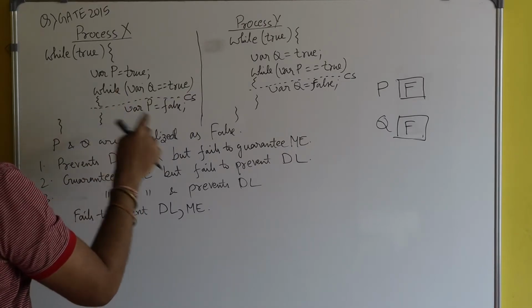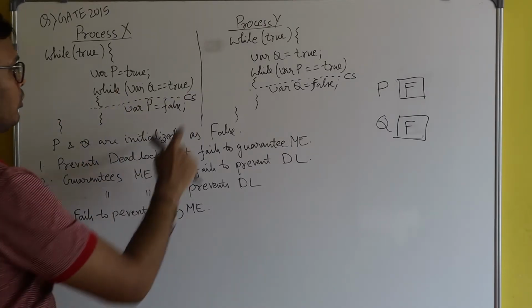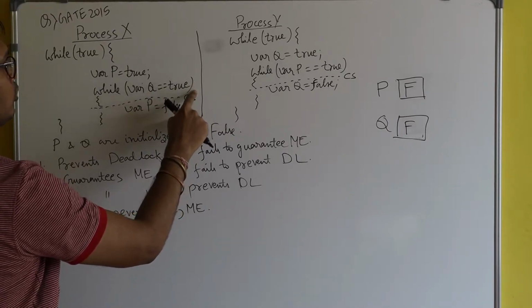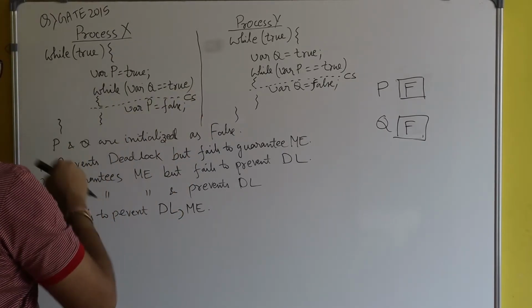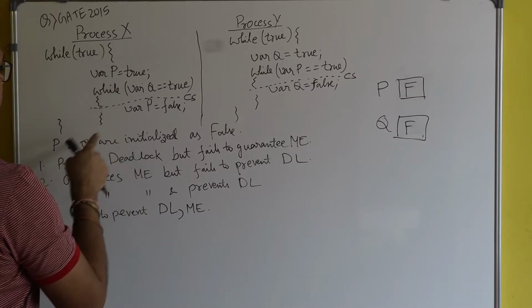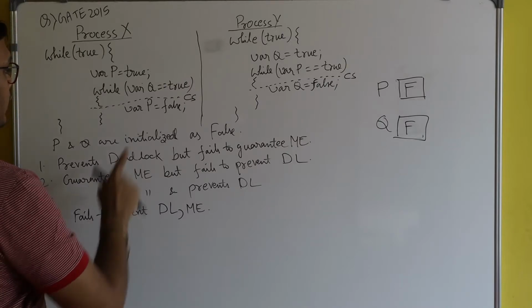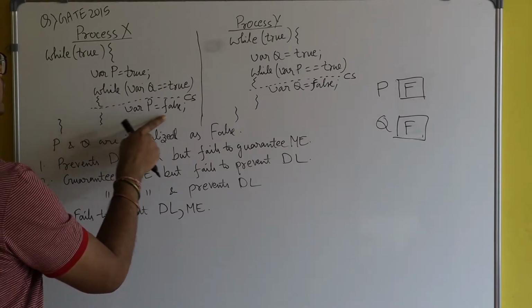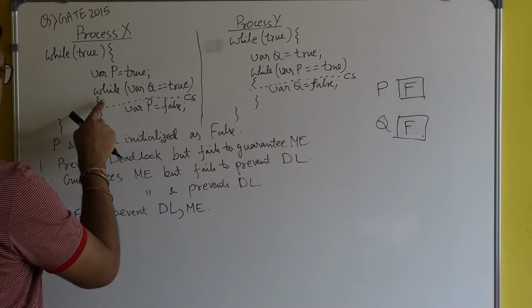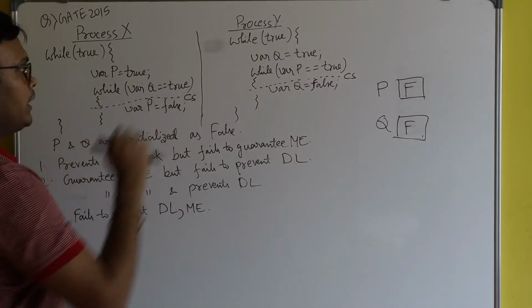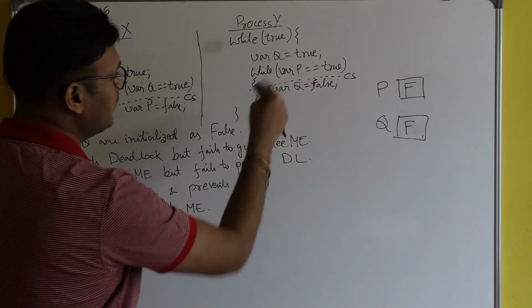Be careful, here there is no semicolon. Inside the while loop there is the critical section, the dotted line. After that P equal to false, then the while loop is closed. The same holds for process Y.